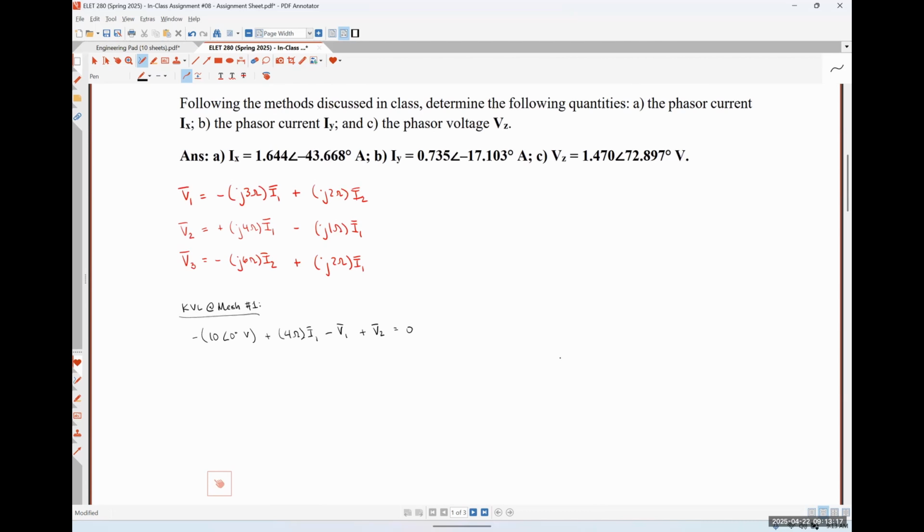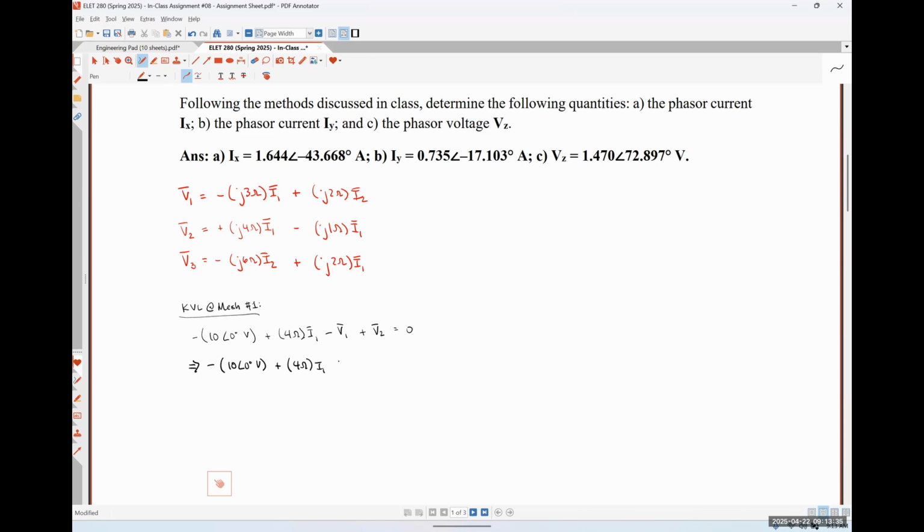And now I'm simply going to substitute those things in. That would look like negative 10 angle 0 degrees volts plus 4 ohms times I1 minus V1.